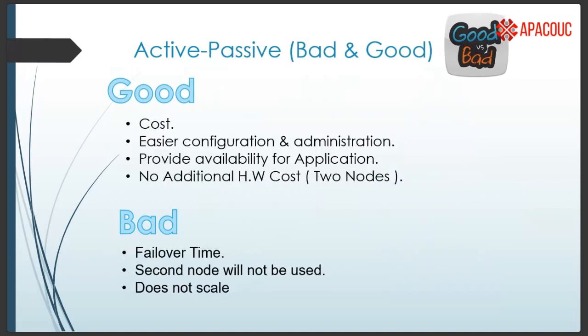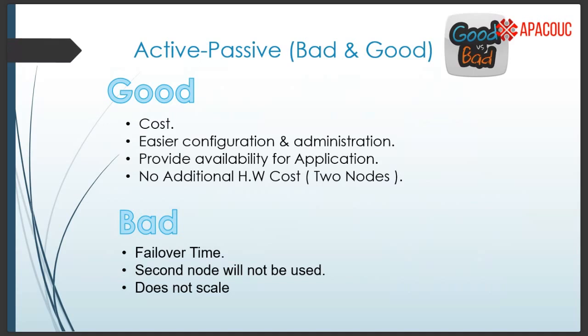So let's talk about the advantages and disadvantages of the WebLogic active passive cluster. The good thing about the active passive cluster is the cost, and it is easier to configure and administer. If you want a very cheap high availability, you can use active passive. No additional hardware, because you only have two nodes.